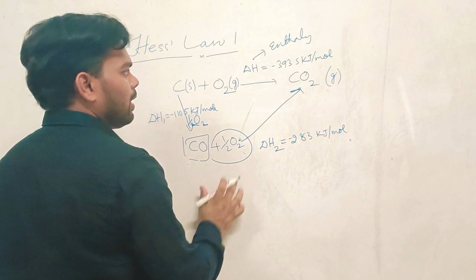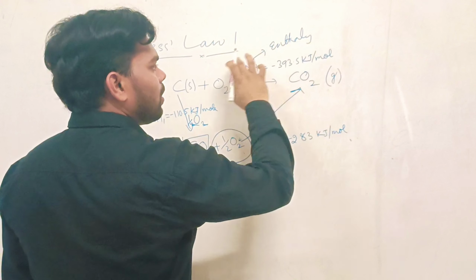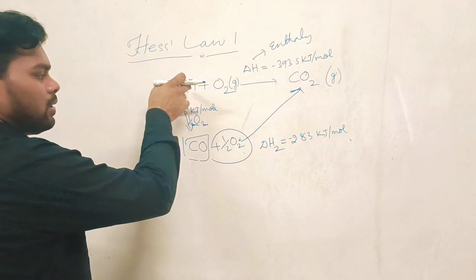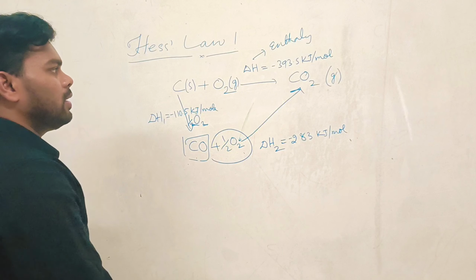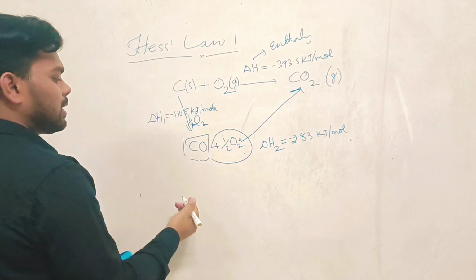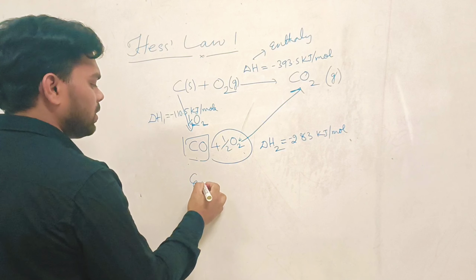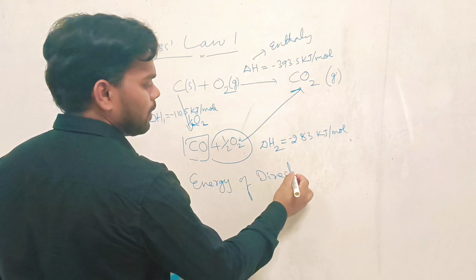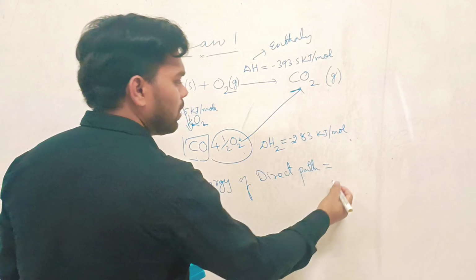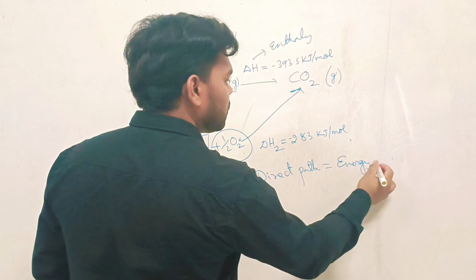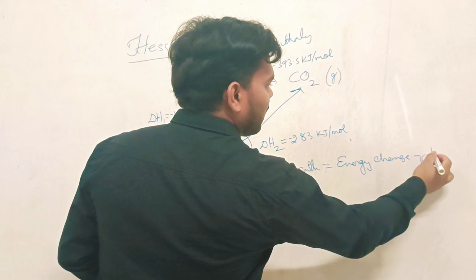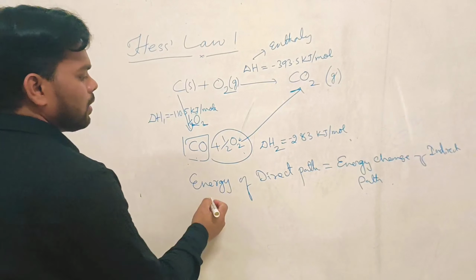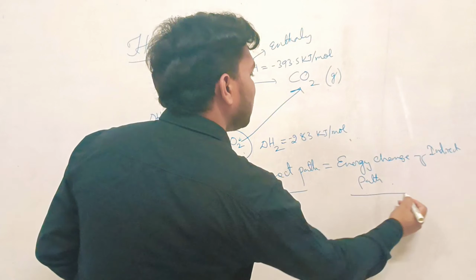Now Hess said that the energy change in the direct path will be equal to the energy change in the indirect path, the successive path. So I will write, according to Hess's law, the energy change of the direct path will be equal to the energy change of the indirect path.